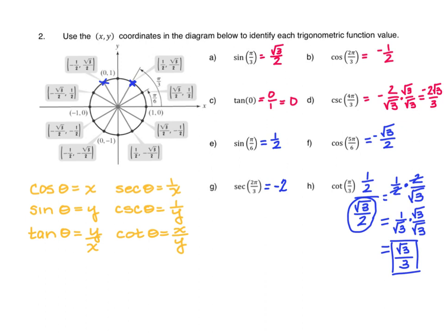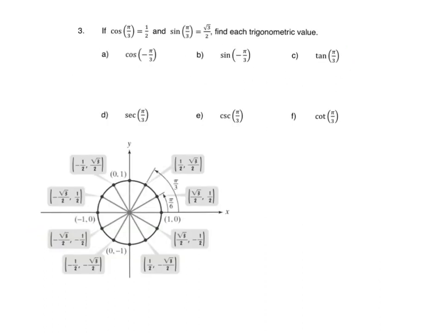Let's take a look at the next set of questions. So Perla, in this next set of questions, notice they gave you the values for cosine at pi over 3 and sine at pi over 3, and then they want you to work through some of the other values.